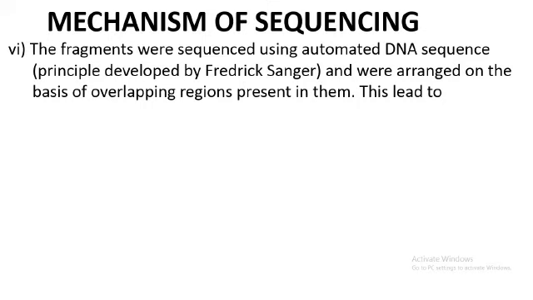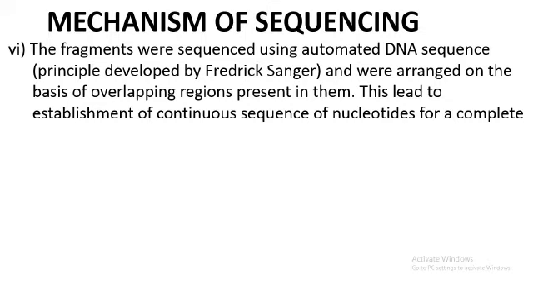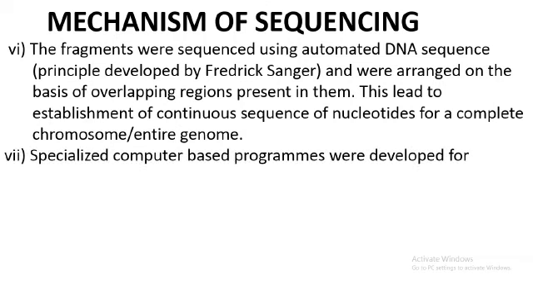This technique developed by Frederick Sanger has led to the arrangement of base pairs in DNA. Thus we get a continuous sequence of nucleotides for a complete chromosome or entire genome. So this is how we arrange them. Later on, by using specialized computer programs, we align these sequences and make use of them according to our need.